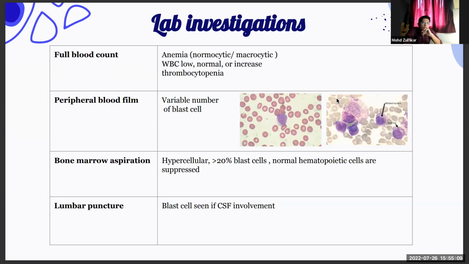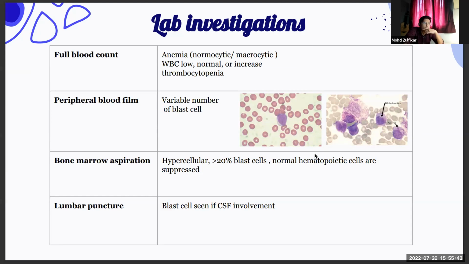Other than that, we can do a bone marrow aspiration, where we can see hypercellularity, with more than 20% blast cells, and the normal hematopoietic cells are suppressed because of the blast cells. We can also do a lumbar puncture, where blast cells will be seen if there is cerebrospinal fluid involvement.